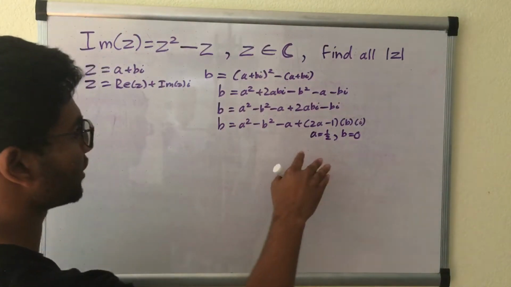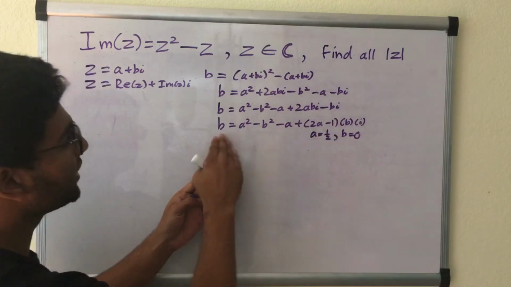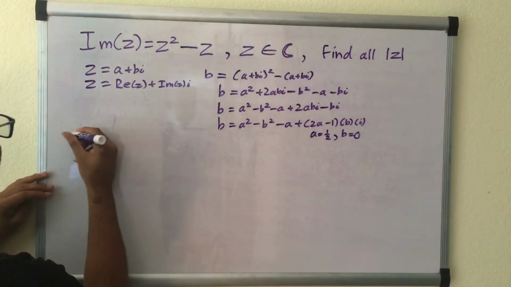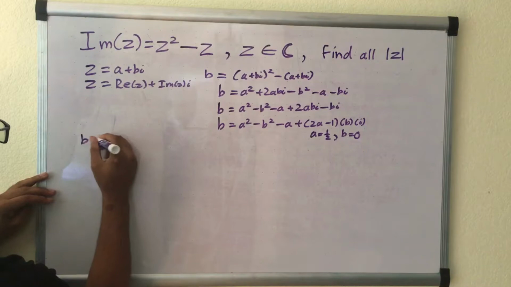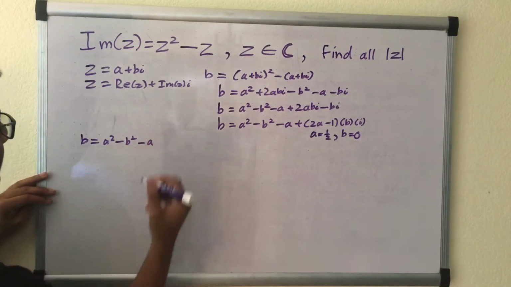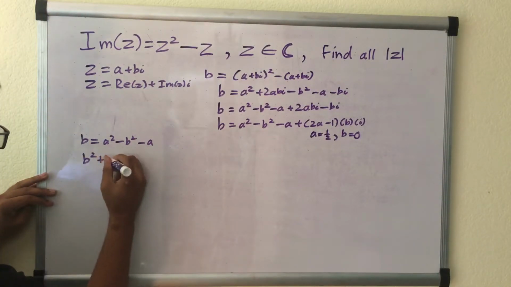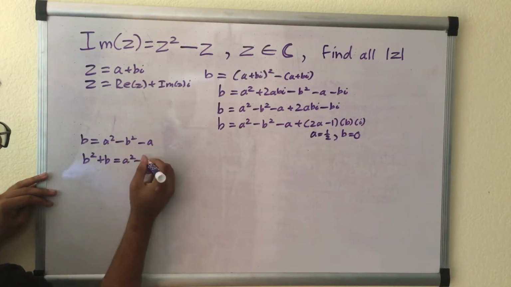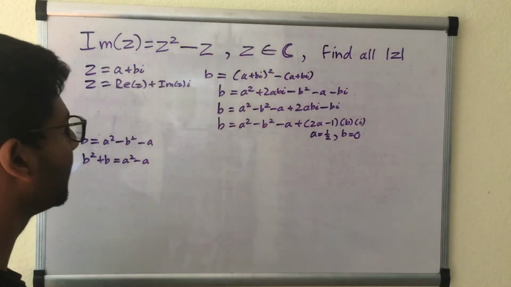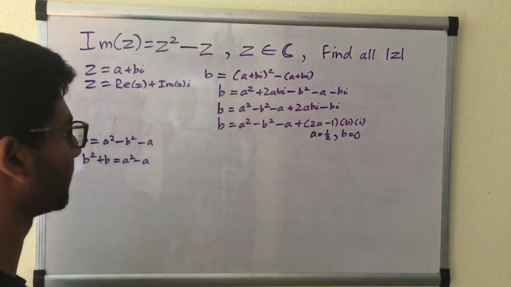Now since we've established that, we can regard this imaginary section as 0, and we can continue on. So continuing, we get b is equal to a squared minus b squared minus a. And from there, we get b squared plus b is equal to a squared minus a. So now we're going to plug in both cases, a equals 1/2 and b equals 0.